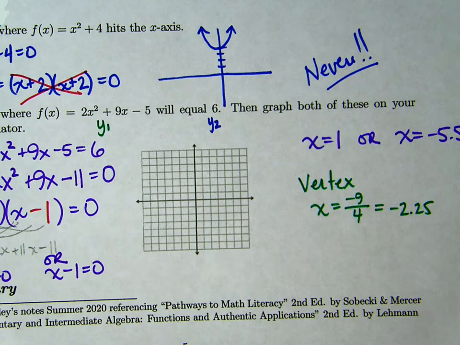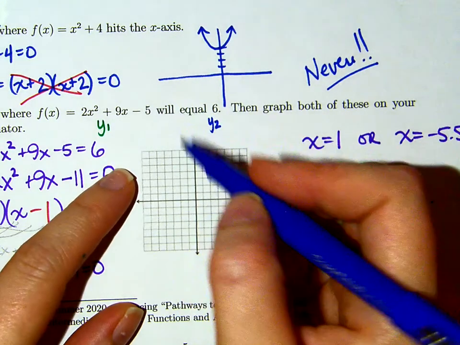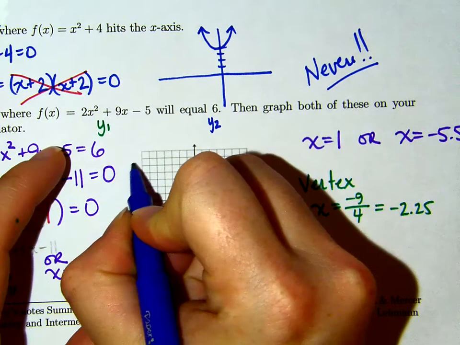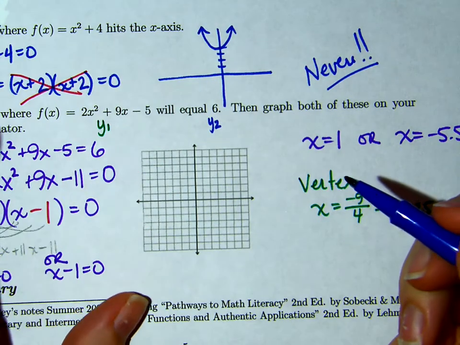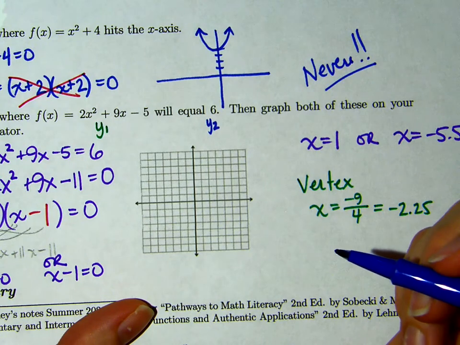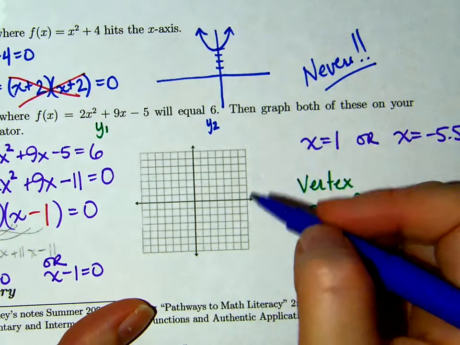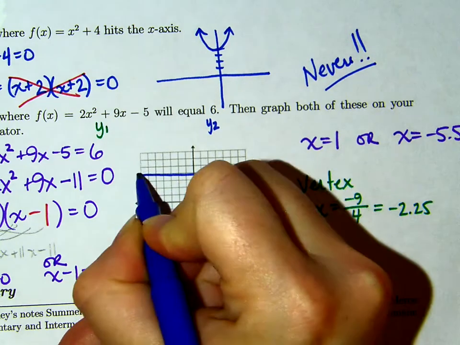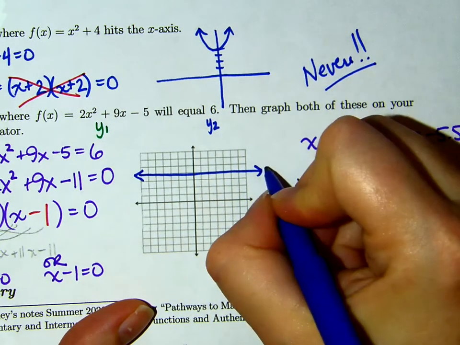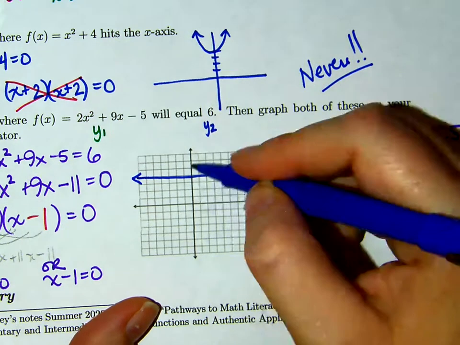Let's draw in our scale. 7 and 7 make 14. And I need it to go up to 6. Okay. We are going to call this our x-axis. I moved it up.